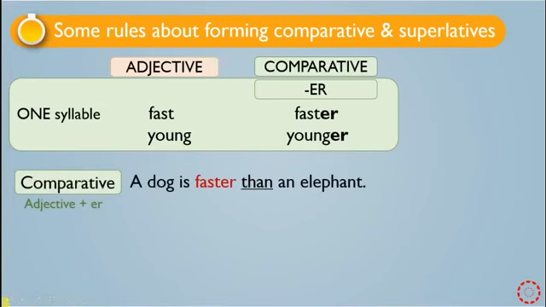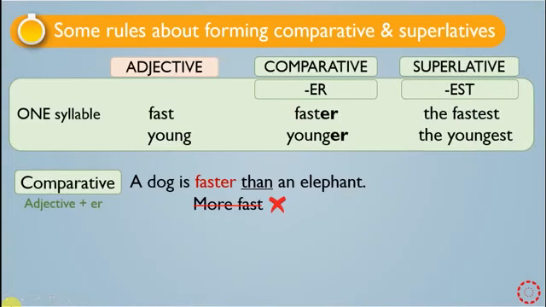An example: a dog is faster than an elephant. We say faster, and be careful, we should have than after the comparative form. We say faster than, younger than. We cannot say more fast because fast is a one syllable adjective.